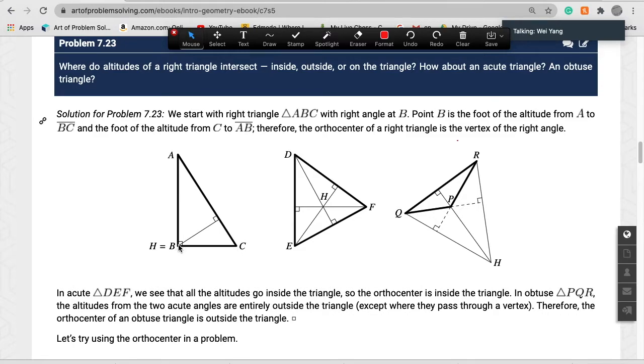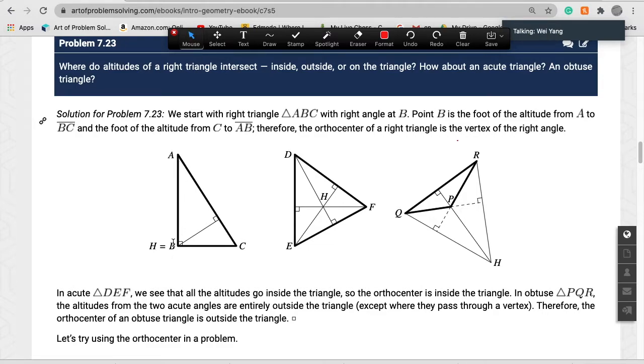Then when you draw an altitude from B to AC, it will intersect somewhere on this hypotenuse, right? So the concurrent point of the three altitudes of a right triangle is this point B, the intersection point of the two legs.